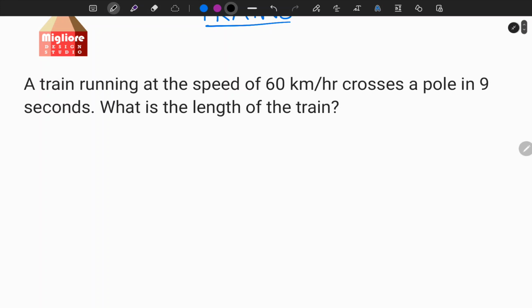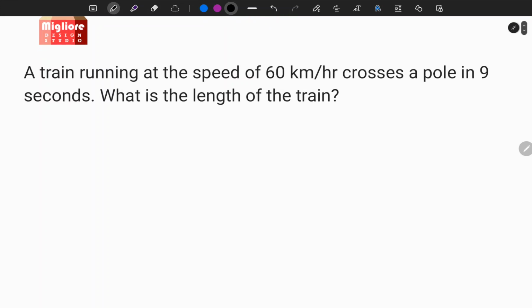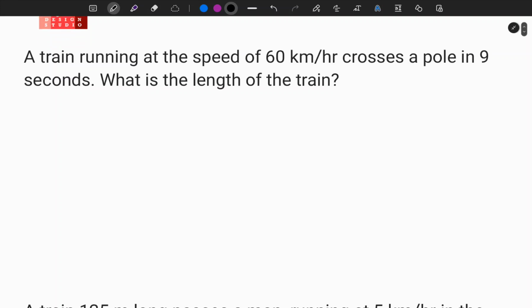So a train running at the speed of 60 kilometers per hour crosses a pole in 9 seconds. So what is the length of the train? See, your train won't immediately cross the pole, it takes some time to cross it. So now let's just draw out a situation. I'm going to use purple. So this is your pole and your train starts approaching it.